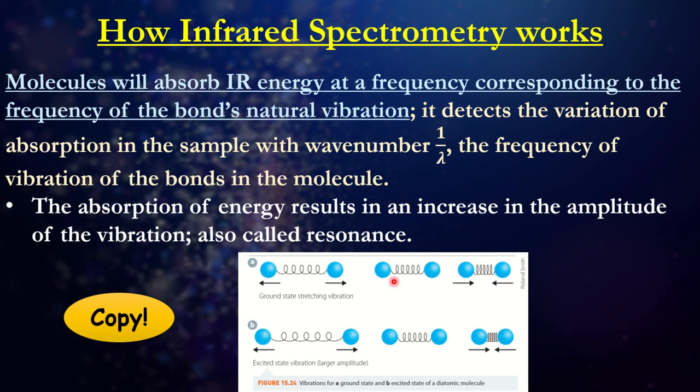So we're causing this vibration to get larger in a way. Okay, so you can see once the bond has absorbed that infrared energy, we cause it to vibrate at a longer stretch.